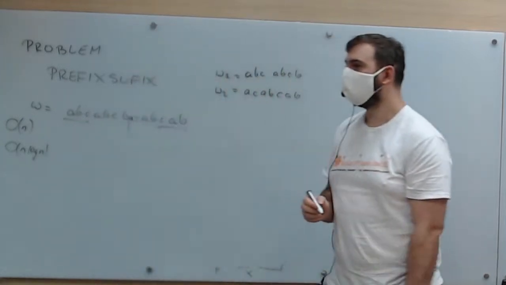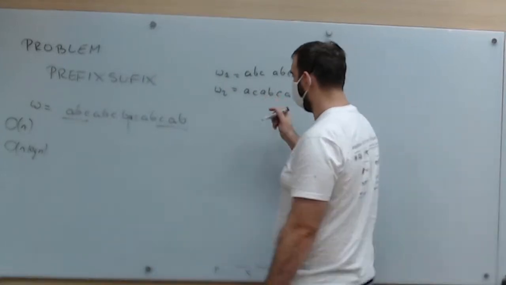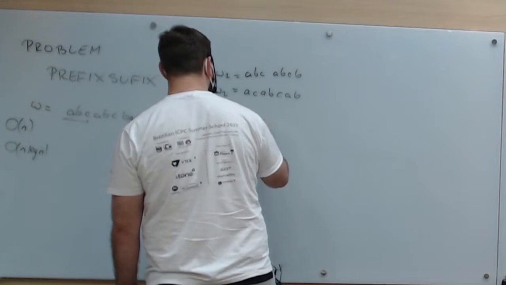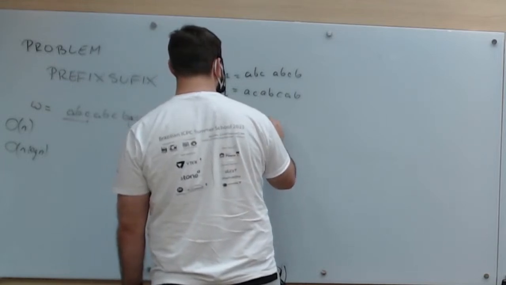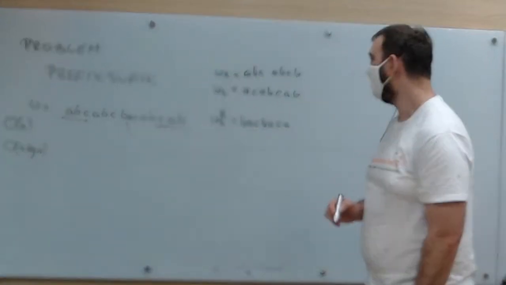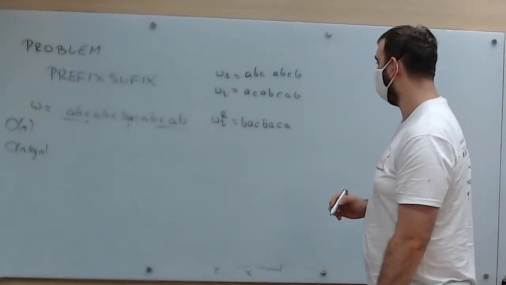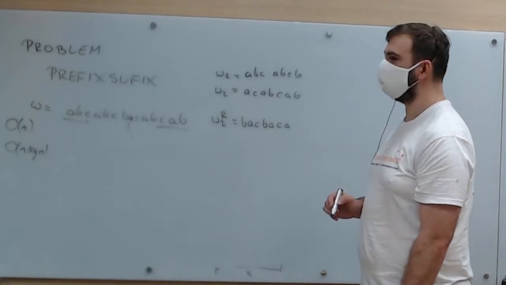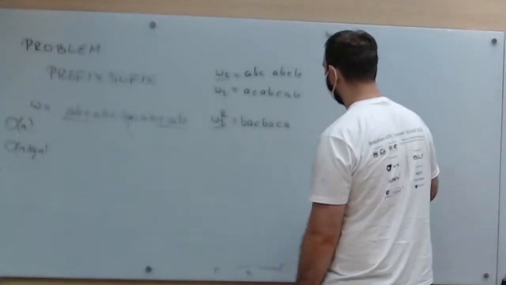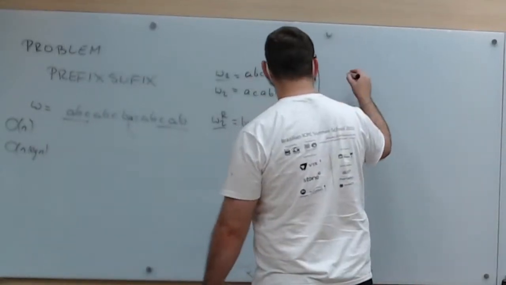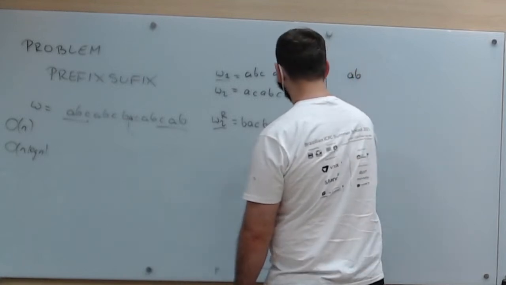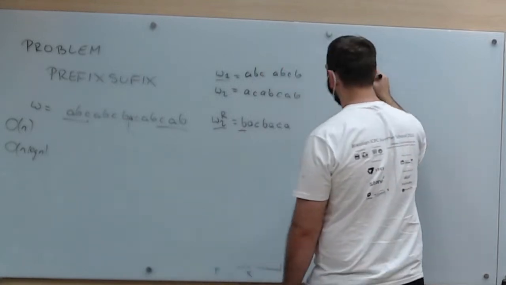Okay? And what I want to do is reverse the second half. So now I have B, A, C, B, A, C, A. That's the other step. And then I want to have the convolution of these two words, W1 and W2 reversed. So I'm taking the first letter from W1, I have A, then I have B, the first letter from W2 reversed.